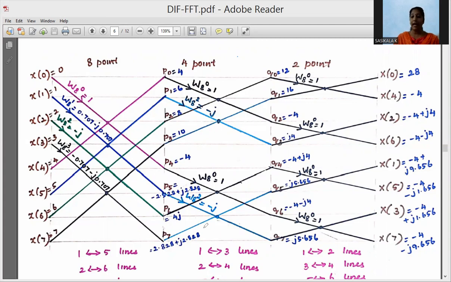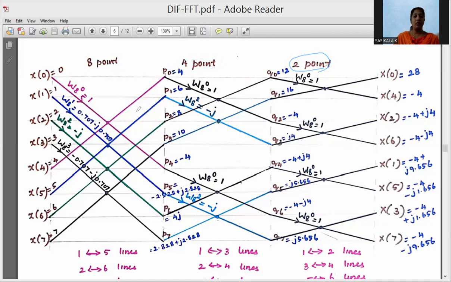So I have drawn 8 horizontal lines and these 8 lines are split into 3 columns. Okay, so this is the first column, the second column and the third column. So first we need to calculate 8 point, then 4 point and 2 point.